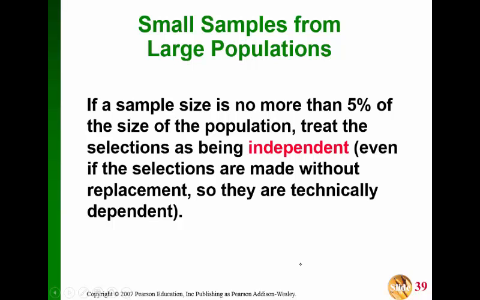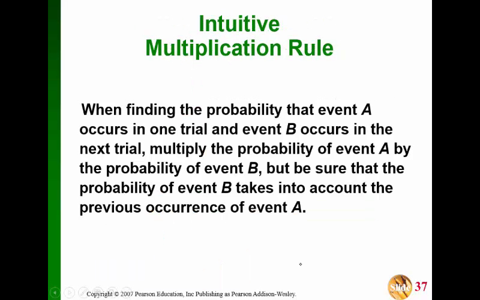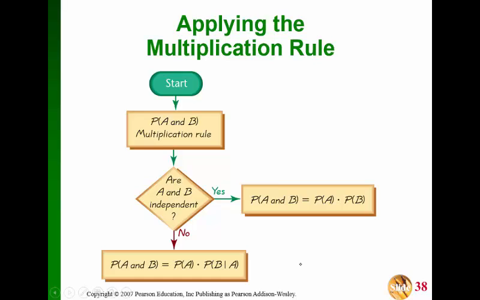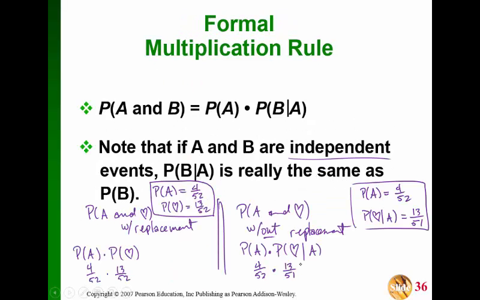I think what I wanted to get at was the whole idea about the independent versus not independent. You can think about the independent as something with replacement, because if you replace it, you're kind of starting new, and then the second experiment will be the same as the first experiment.